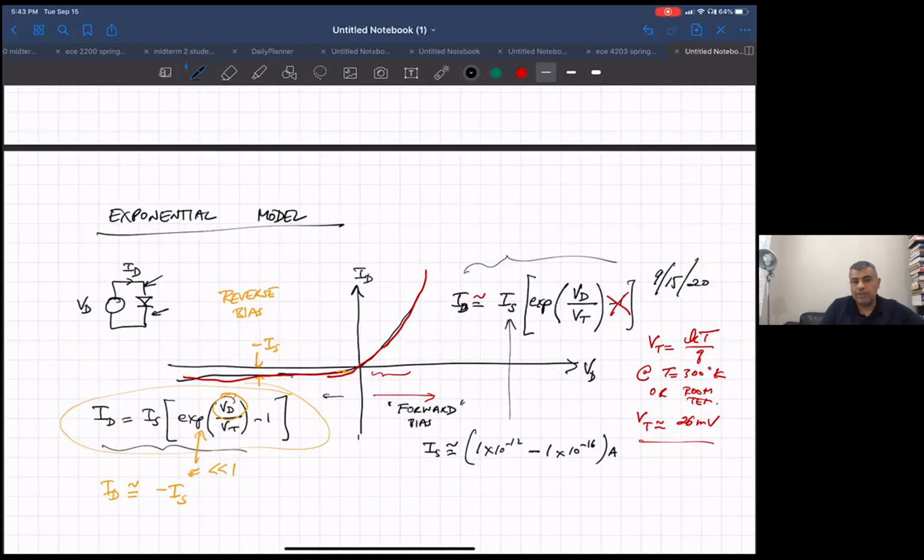The real one has third order effects, fourth order effects, whatever. But for us, this is the real model.